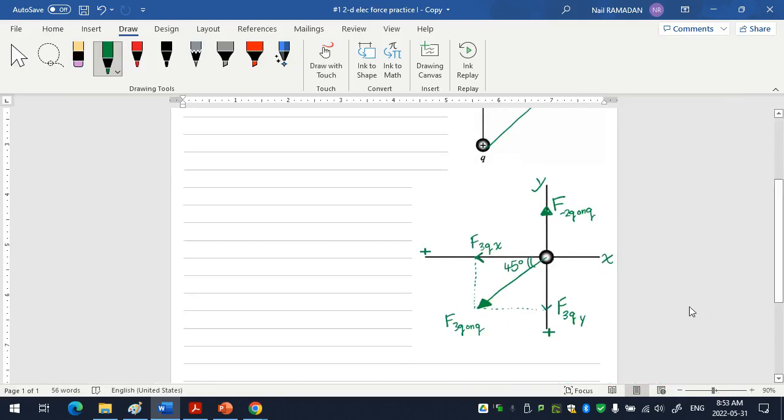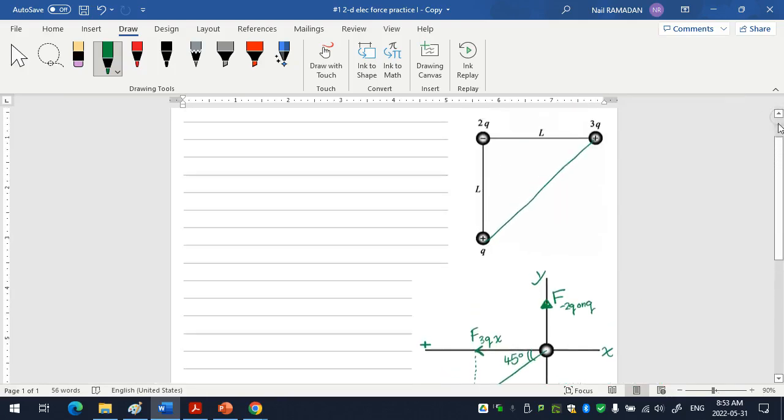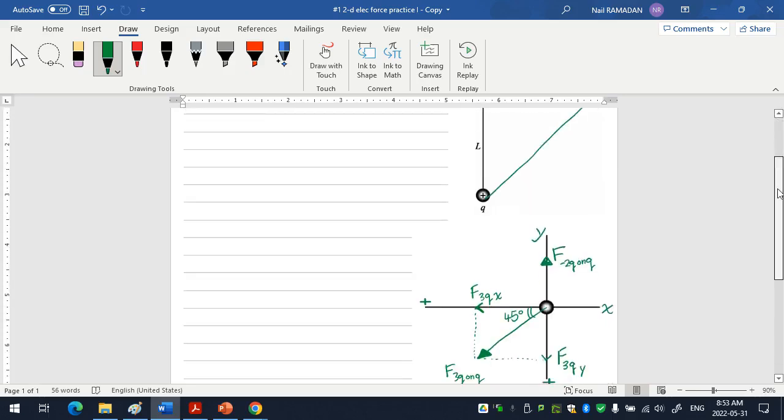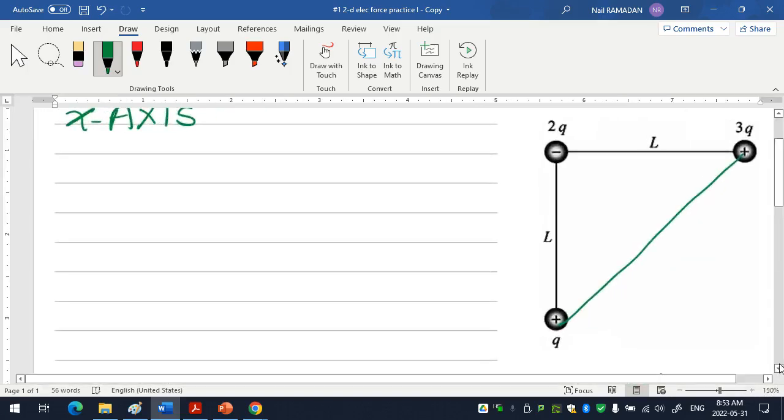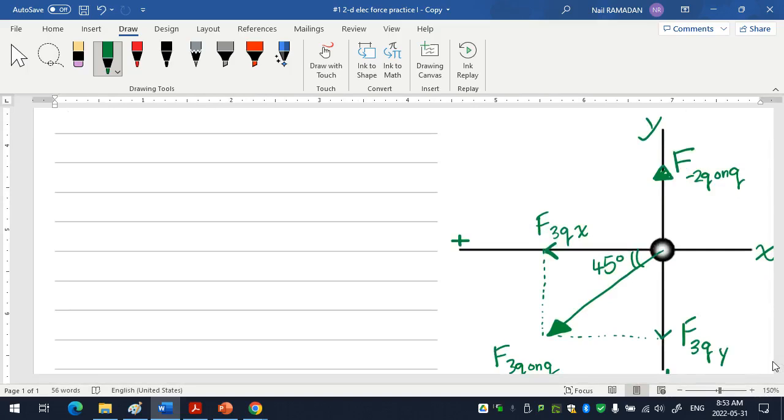I'm going to zoom out so you can see the whole thing. Okay, so x-axis. Is this a sine or a cosine? It's a cosine because it's adjacent to the 45. Perfect.